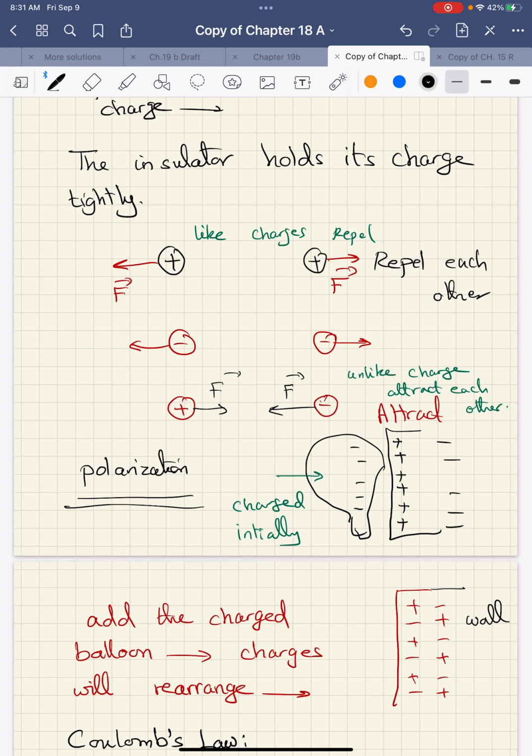When I bring the balloon next to the wall, we find that the positives are on the surface, attracted to the negative, and the negatives in the wall are moving away. This rearranges the charges, and this is what we call polarization.